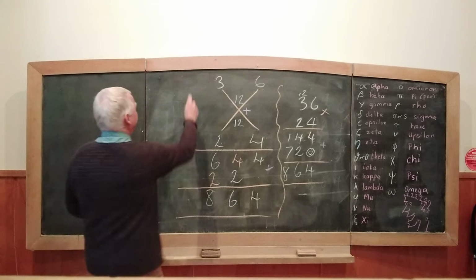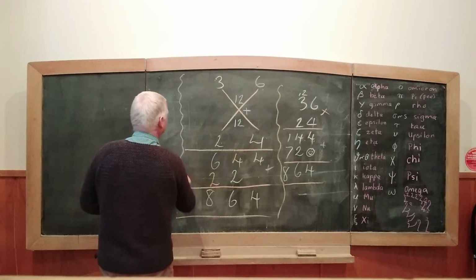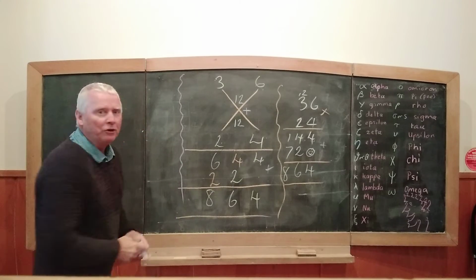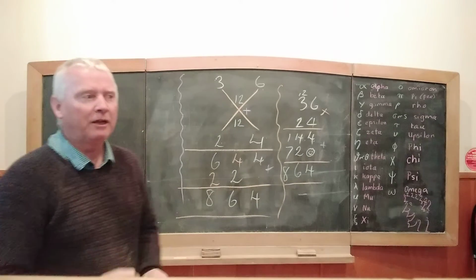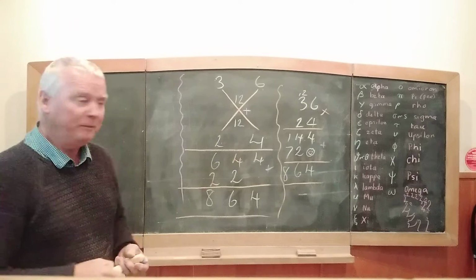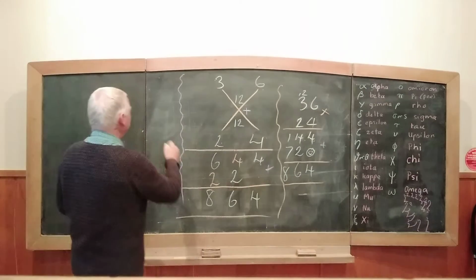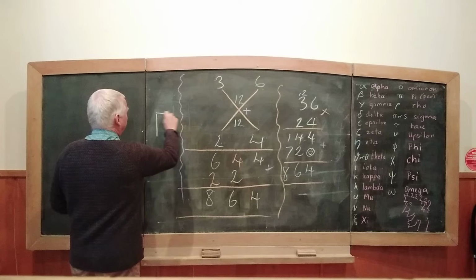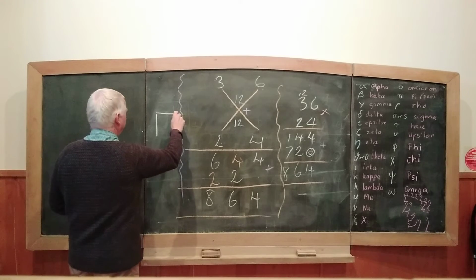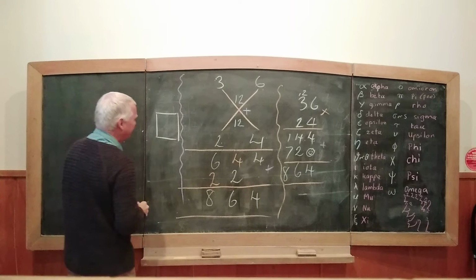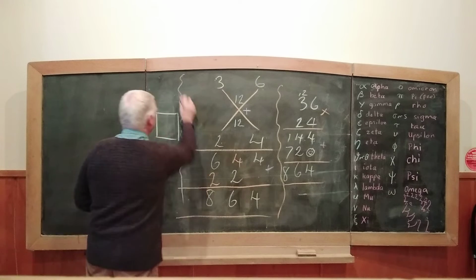Over here, we're going to do it the Italian way, which I showed in another video. And so, for example, I'll make a box and get rid of that little squiggle there.